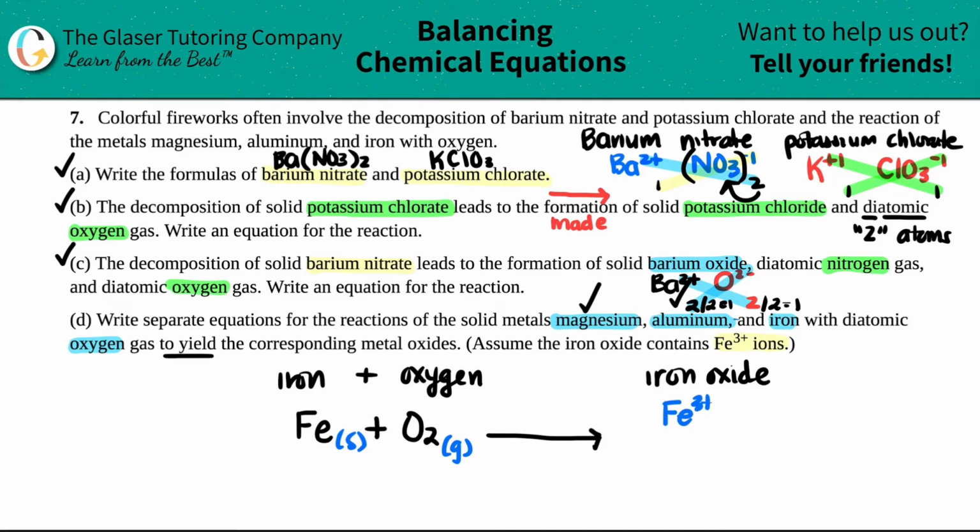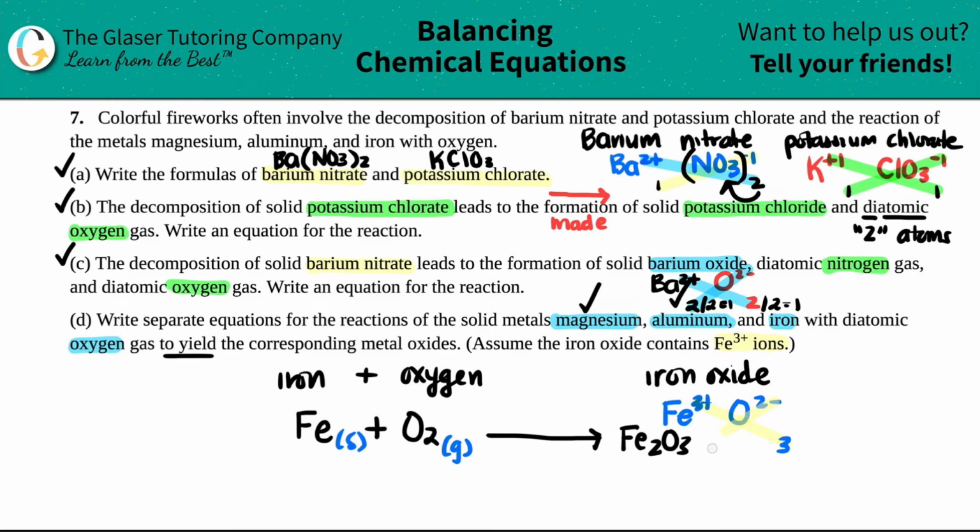If they didn't tell you this information, technically you could have used any charge, like a +2. But they specifically want the +3. The oxide, oxygen, we said was a -2. So crisscross, 3 oxygens and 2 irons. So this would yield Fe2O3. And that's a solid.